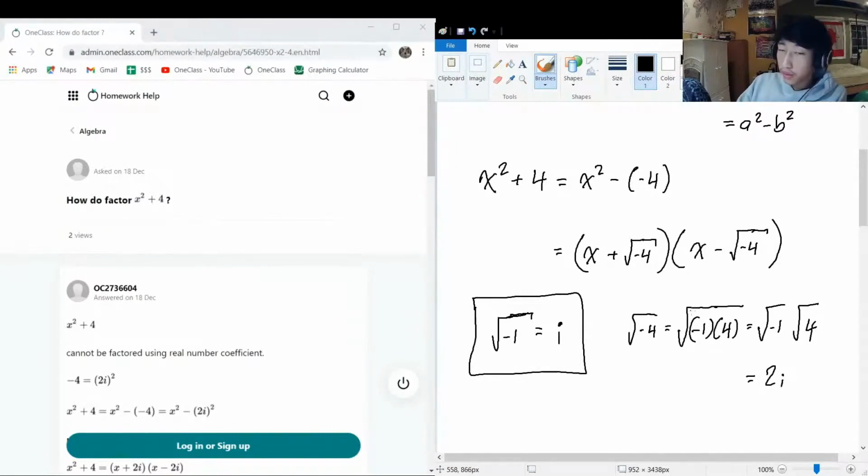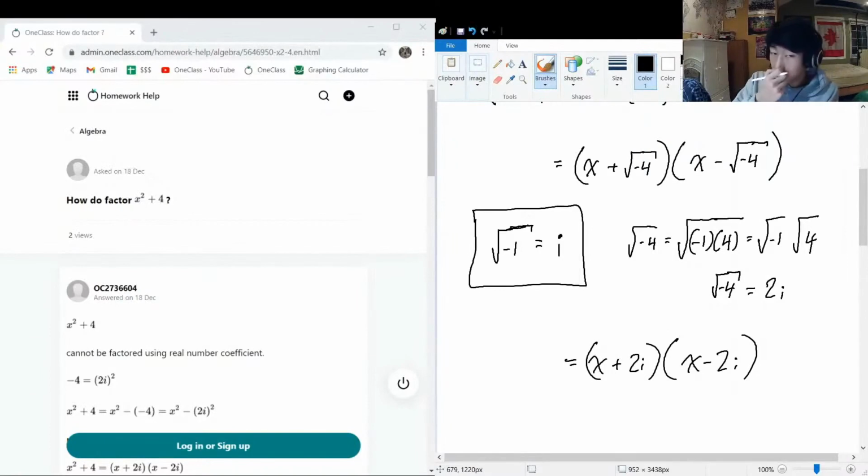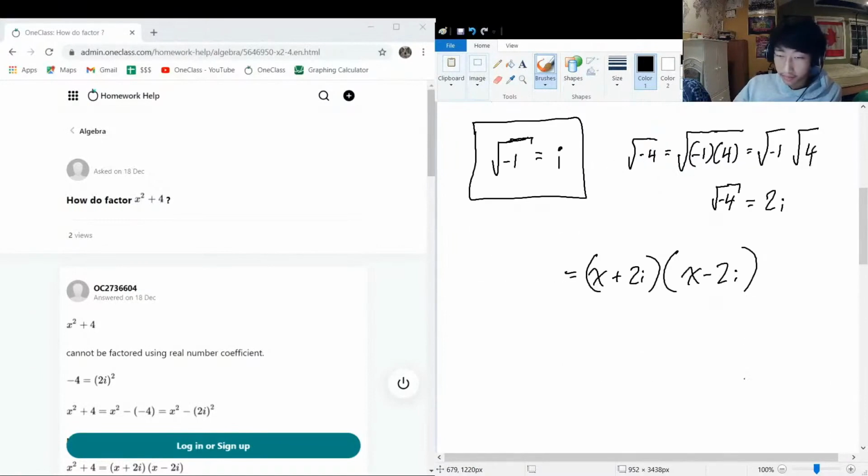Okay, so if we were to put these into our equation, putting these back into our equation, we'll have this, x plus 2i, x minus 2i. Okay, now let's multiply them back together to see if this is a reasonable way to factor them together.